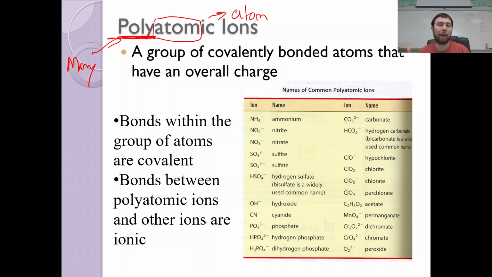So it's going to be an ion that's made up of multiple atoms. Okay, that's simple. And what we see is it's a group of covalently bonded atoms, so that's kind of neat. So the polyatomic ion is going to have covalent bonds in it, but it has an overall charge, right? So when they're bonded together, there's this overall charge that gets produced.